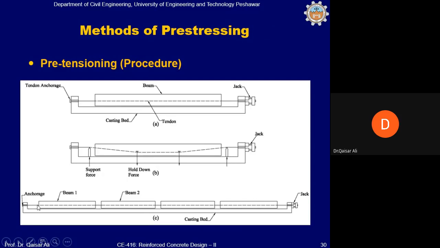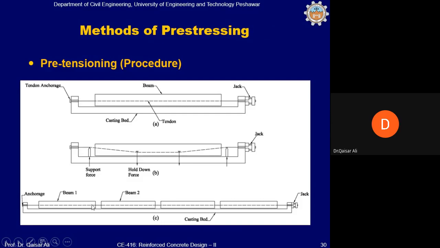Here you can see the wire is anchored on one side, and then the wire is passed through all this formwork. The wire is then stretched with the help of a jack and kept in the stretched position. Concrete is poured in all these beams, and then the wires are cut in the separator between the two girders, from this side to this side.